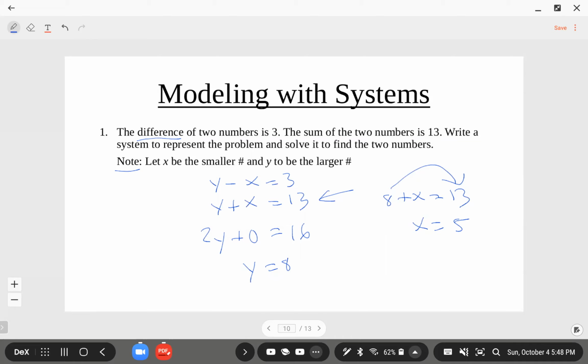Now, how do we check our answer? It gives you the conditions. The difference of the two numbers is 3. Does 8 minus 5 equal 3? Yes, check. The sum of the two numbers is 13. Does 8 plus 5 equal 13? Yes. Very good.